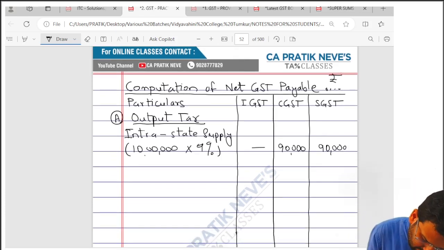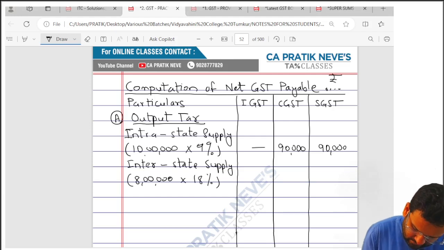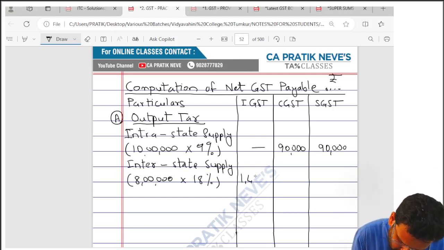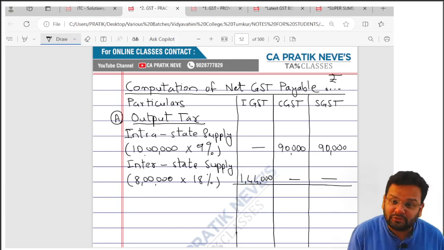Then on interstate supply. So what is your interstate supply? Interstate supply is 8 lakh. 8 lakh into, yes. So what is 8 lakh into 18%? 1 lakh 44,000. Are you all getting 1 lakh 44,000?